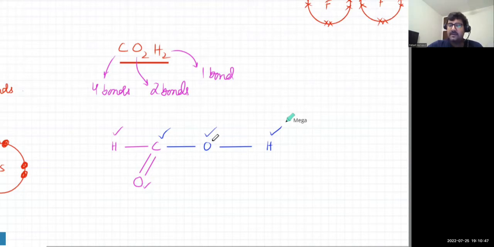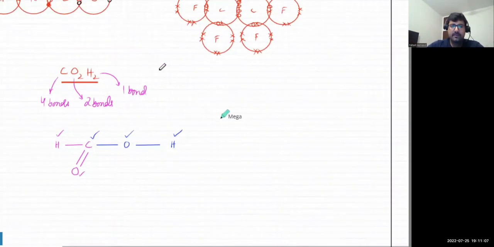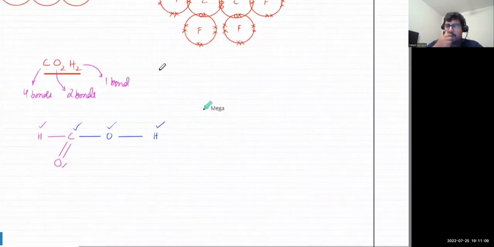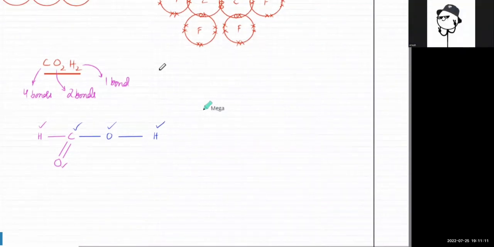This oxygen is also making 2 bonds. And the hydrogen is making 1 bond. This hydrogen is also making 1 bond. Is this clear? Ayan, Urva, is this clear? Yes, sir.